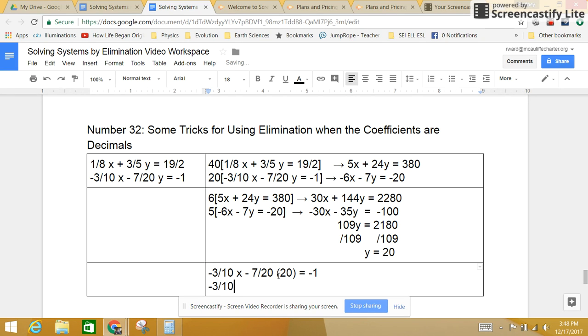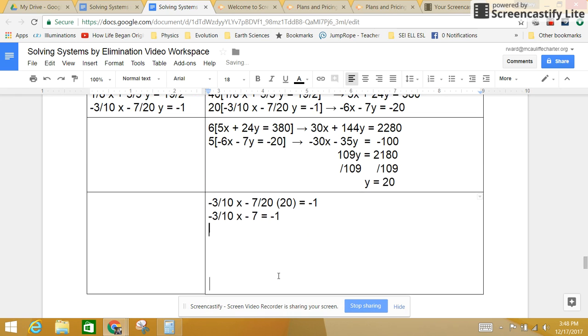Negative 3/10 x, and then 7/20 times 20 is just negative 7, equals negative 1. And then I'm going to add 7 to both sides. So I'm trying to isolate x now. What am I doing? Adding 7, not y. Bad enough when my handwriting makes y's look like 7s.